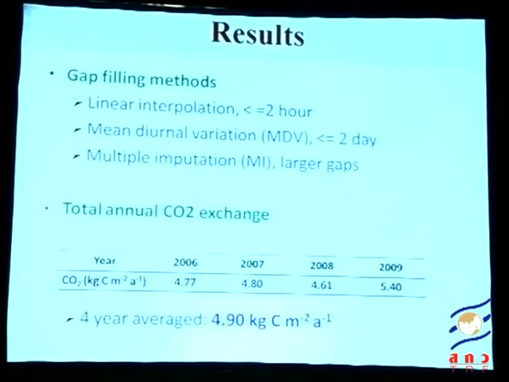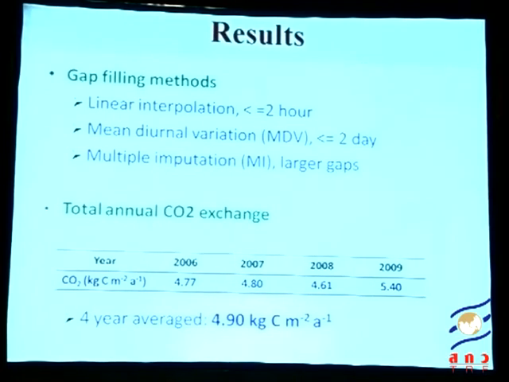So how to do the gap filling? That is still understudied. First, for gaps of less than 2 hours, it is easy, we just use linear interpolation. Then we can estimate the annual flux totals. If the gap is longer than 2 days, we use the look-up table variation developed by a scientist from the United States.